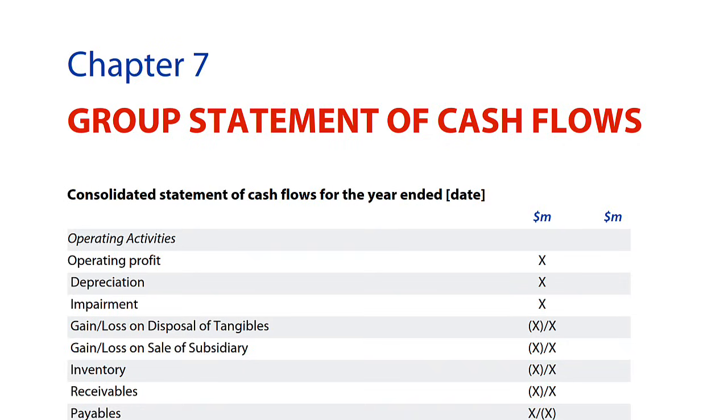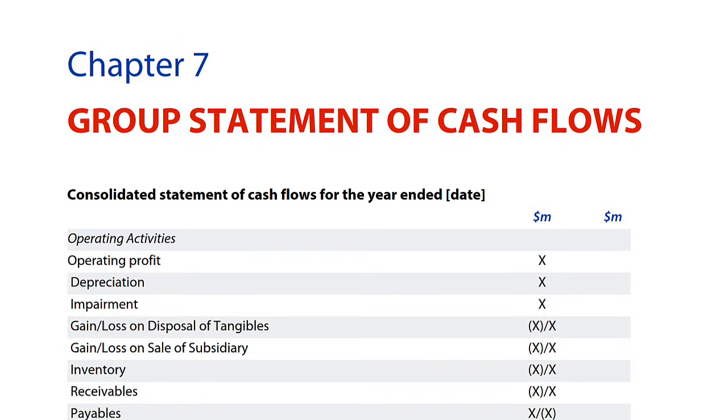Again, this was revised in 2025, so if you studied financial reporting shortly before then, you may need to relearn a little bit because things have changed a little bit.